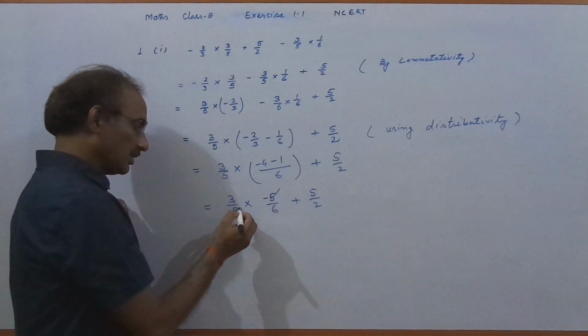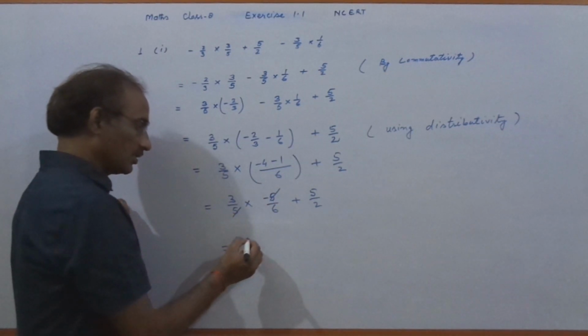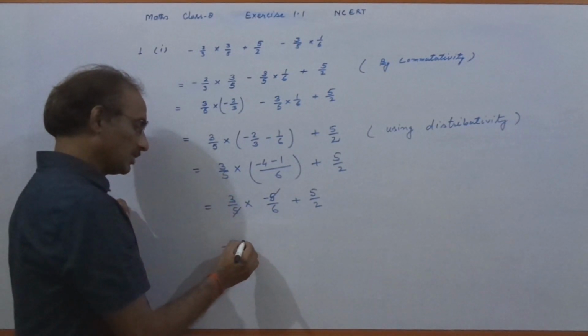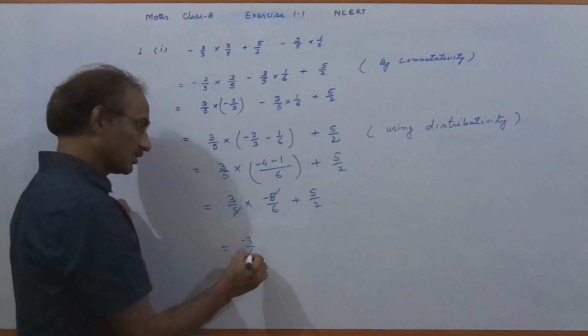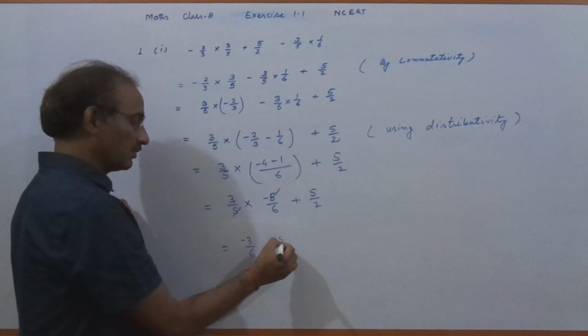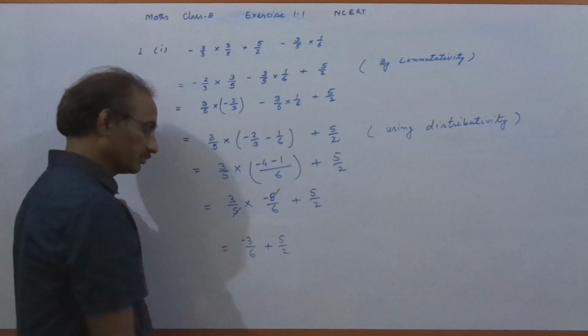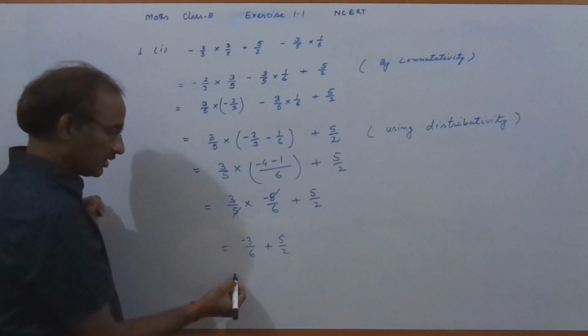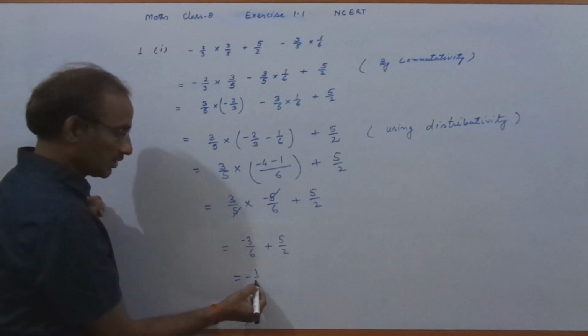5 is cancelled with 5 and this minus 1 is multiplied with 3, so we get minus 3 upon 6 and plus 5 upon 2. Minus 3 upon 6 can be written as minus 1 upon 2.